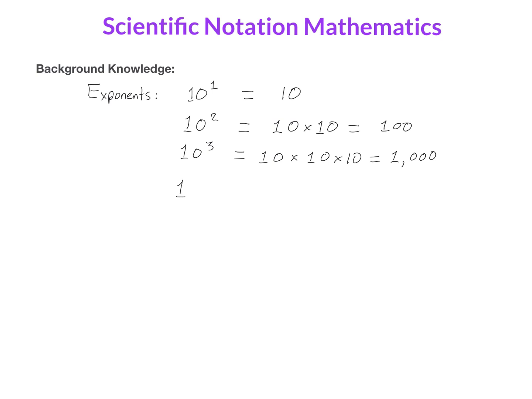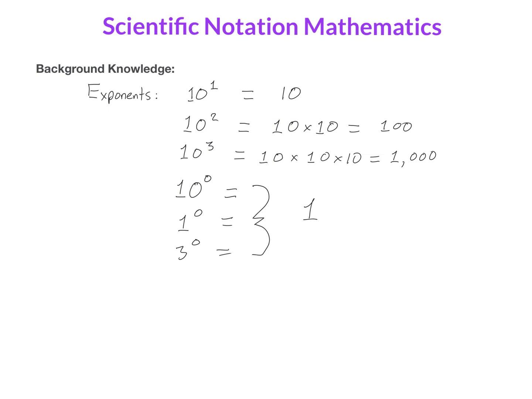What does it mean when I raise 10 to the 0 power? Well, maybe you'll recall that when you raise anything to the 0 power, it could be 10 to the 0, it could be 1 to the 0, it could be 3 to the 0, all of these things are going to equal not 0, but 1.